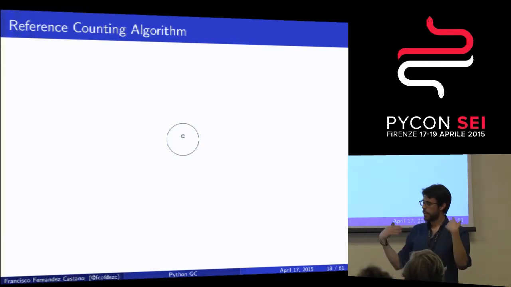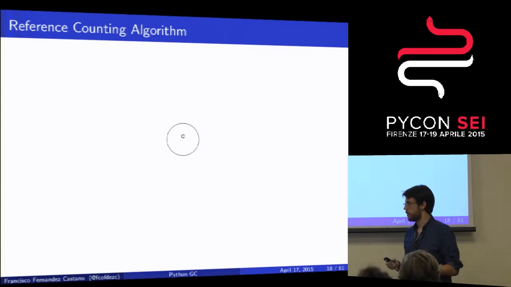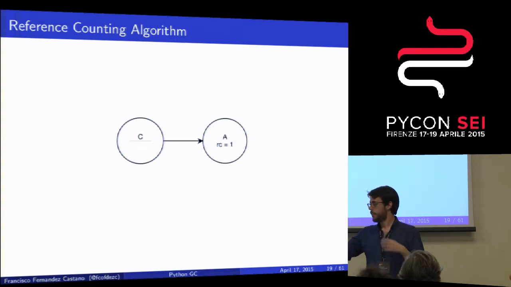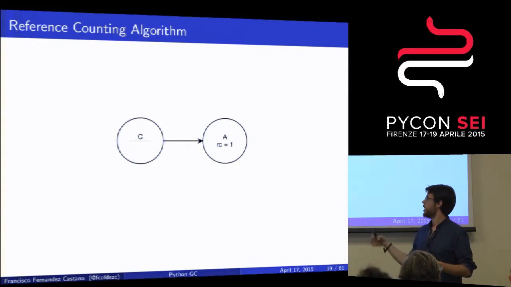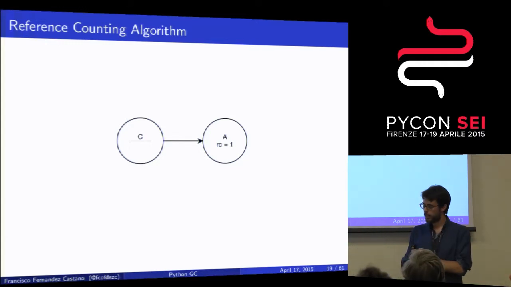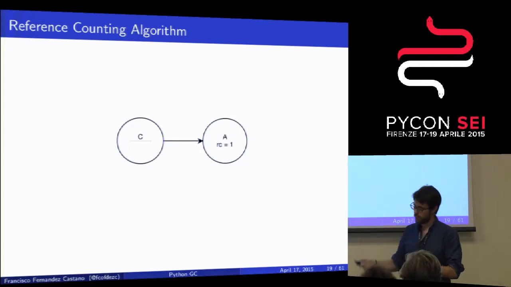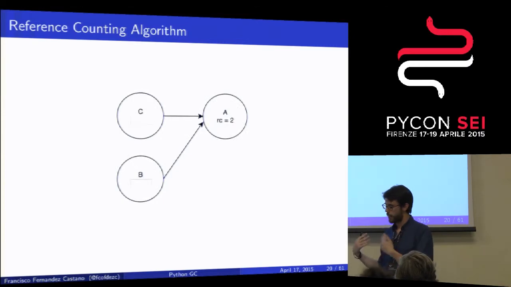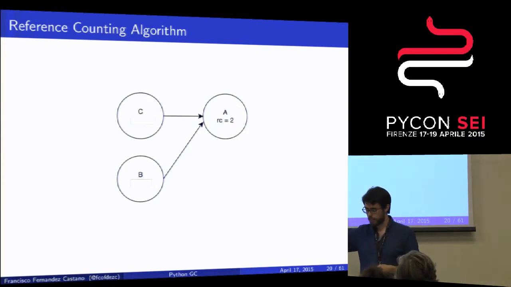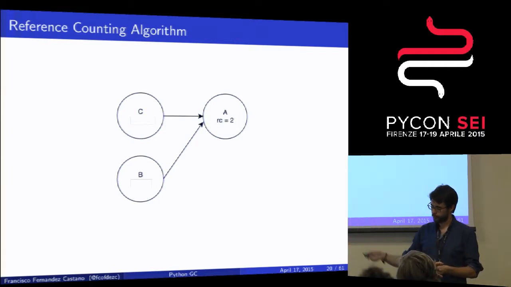I'll show you now in a graphic way, because I think it's easier to understand that way. Let's say we have some object in our runtime. And a new object comes to the scene, the object A, and this object is held by C. What's the value of this reference count? 1. Let's say that another object comes to the scene and also references A. Now the counter is 2.